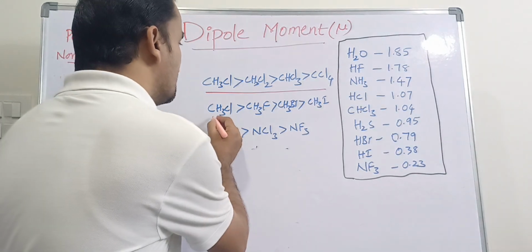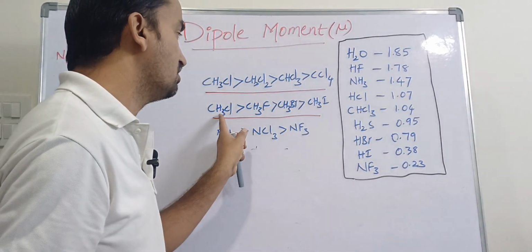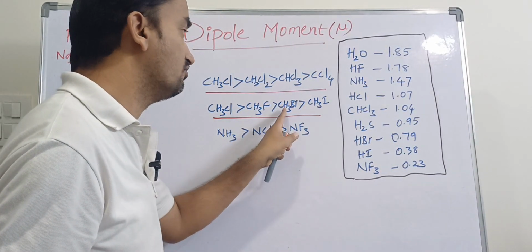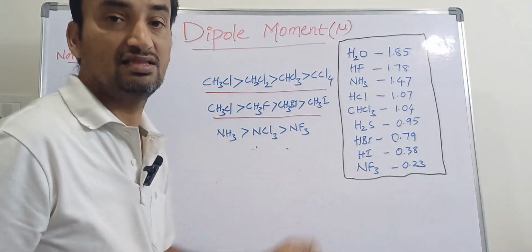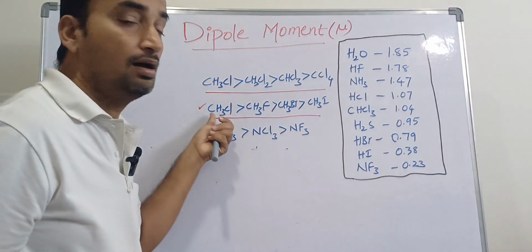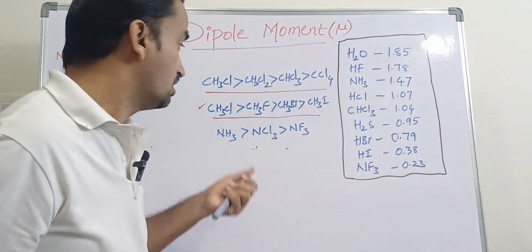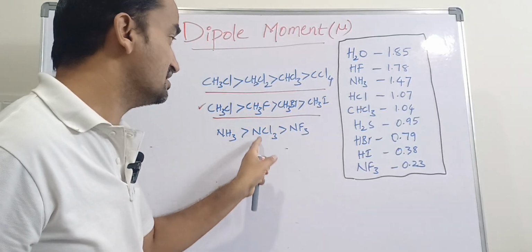That's why CH3Cl comes first, followed by CH3F, methyl chloride, followed by methyl fluoride, followed by methyl bromide, followed by the last one, methyl iodide. So this one is possessing high dipole moment.